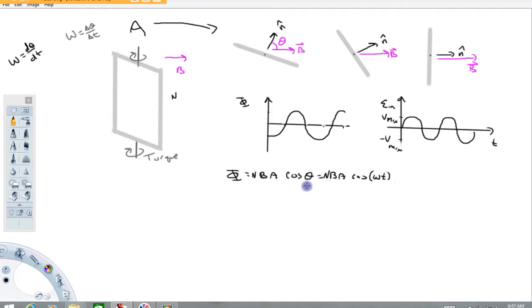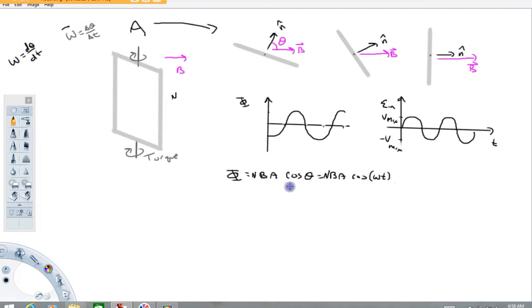And then the theta can be expressed as the angular velocity times time. So if I go back and think about this thing rotating at an angular velocity, which is the rate that theta changes, so average angular velocity is change in theta over change in time, or in the language of calculus, we could talk about instantaneous angular velocity, which is d theta dt. This would be measured in radians per second.